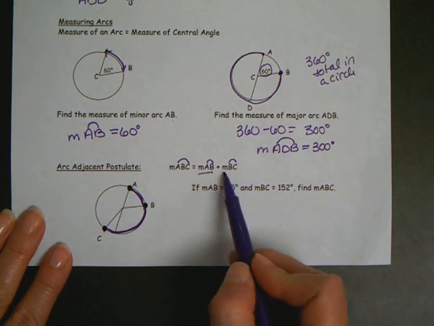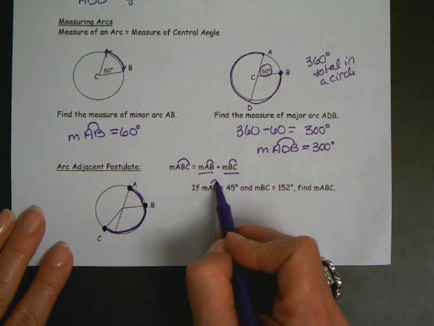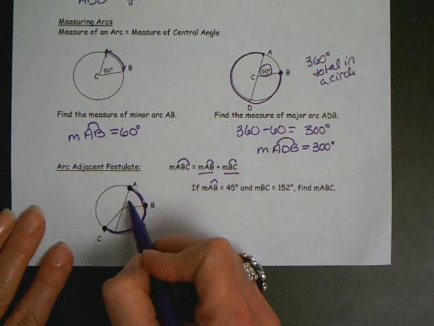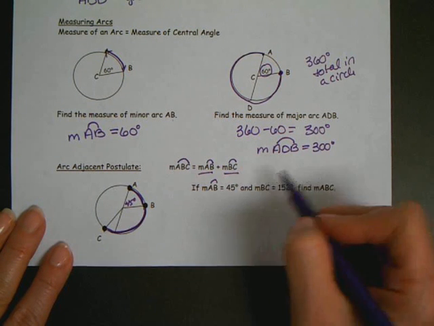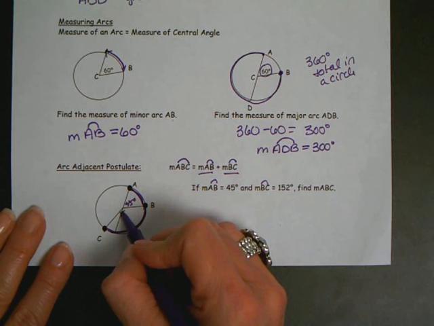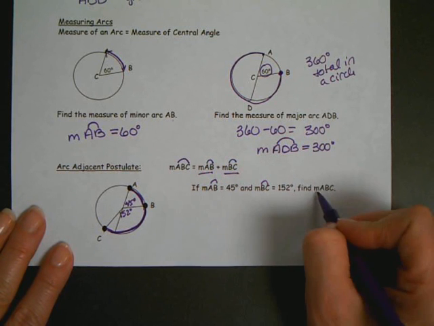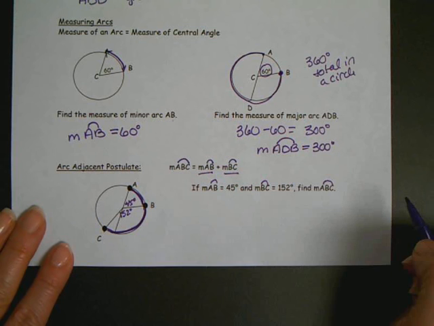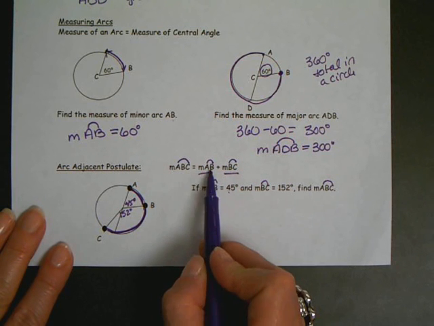Alright, so now if the measure of arc AB is 45 degrees, that means the central angle is 45 degrees. And the measure of arc BC is 152. Right here we've got 152 degrees. Find the measure of arc ABC. So all we're going to do is plug these numbers in place of those arcs and then add them together.